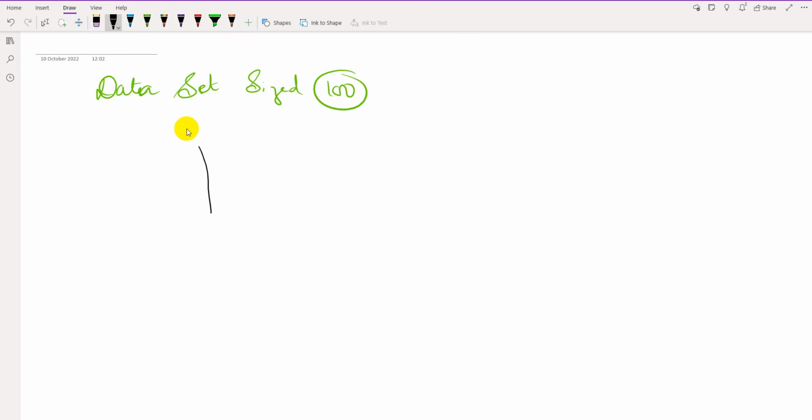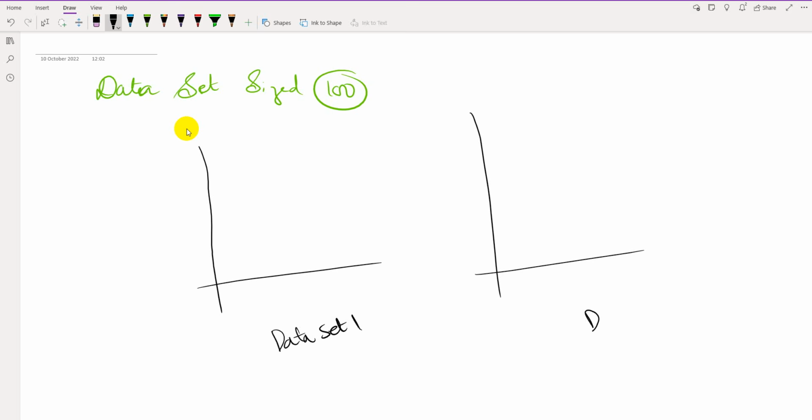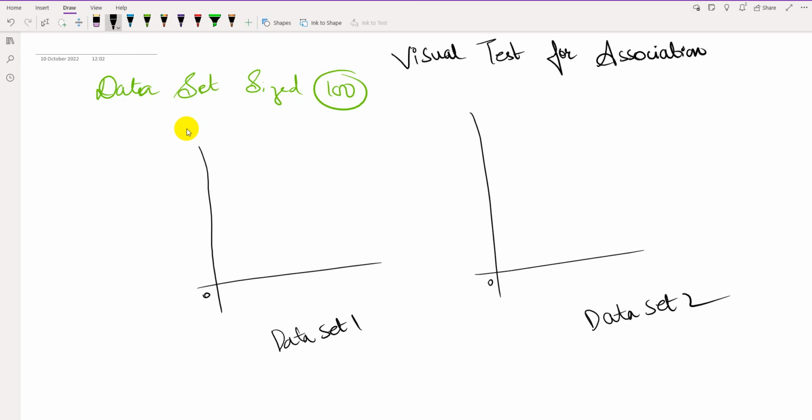Now we will be drawing two data sets. This is data set 1 and this is data set 2. I will show you how we are going to conduct a visual test for association.